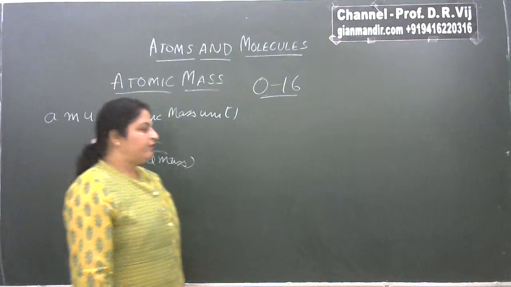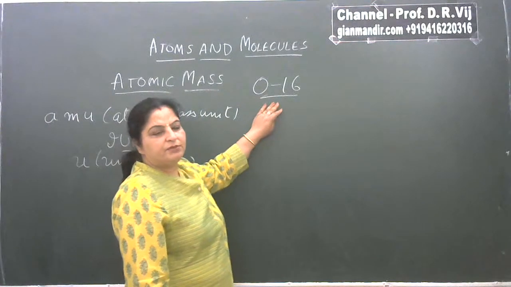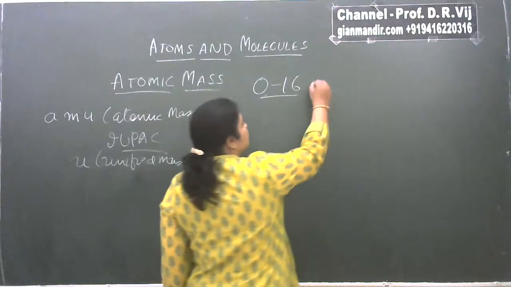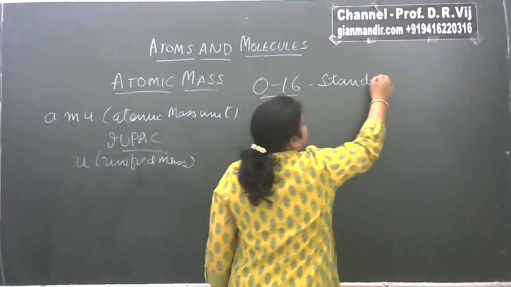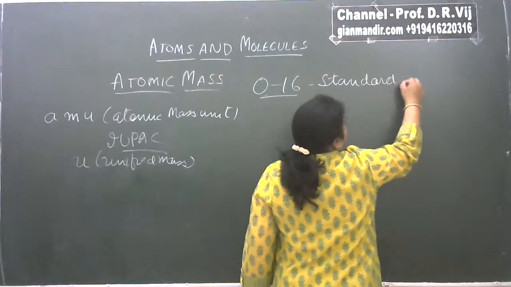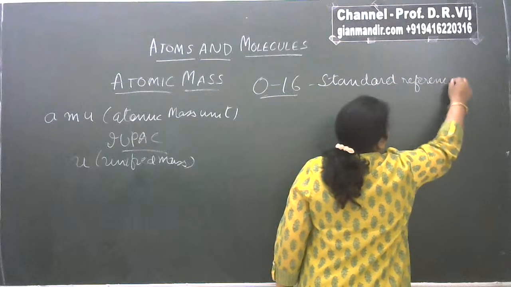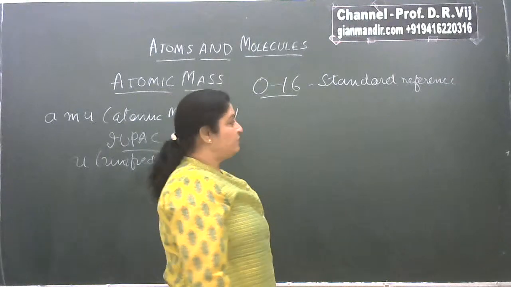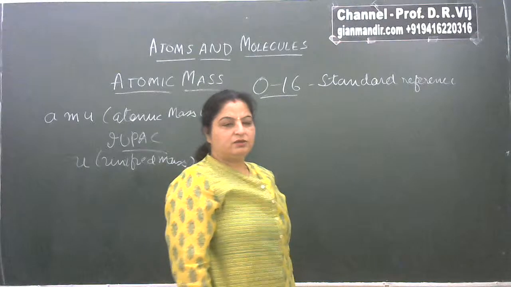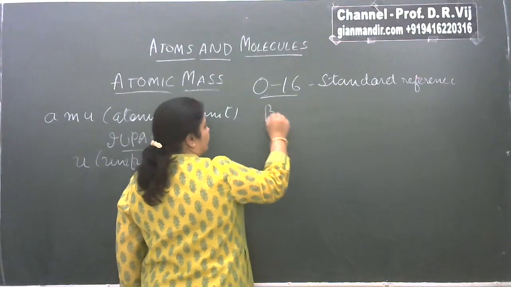As I was already discussing with you, initially oxygen-16 was chosen as a standard reference for measuring the atomic mass of an element. Now you must be wondering, why oxygen only, why oxygen-16 only?